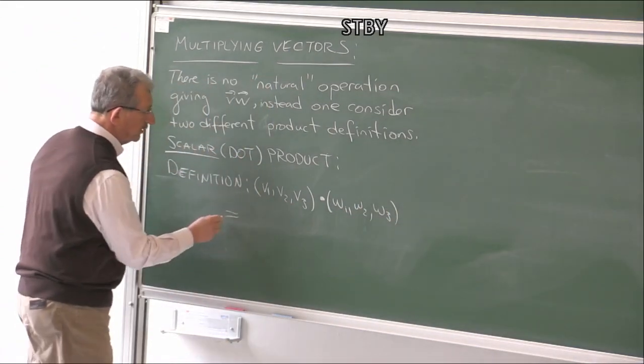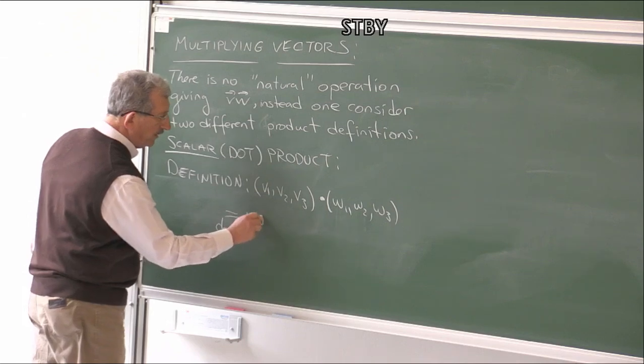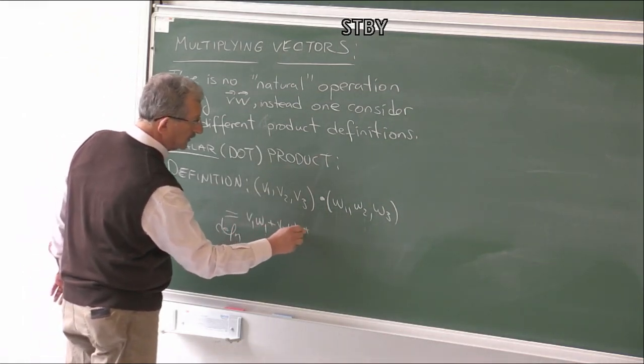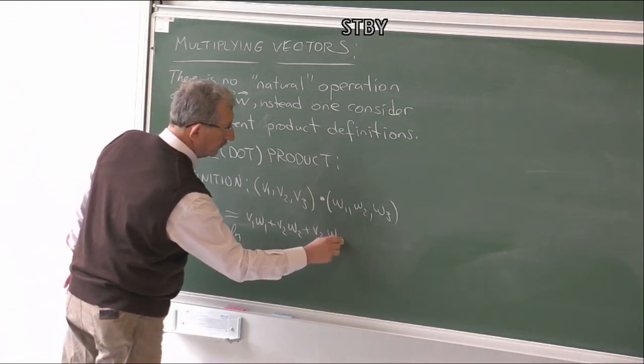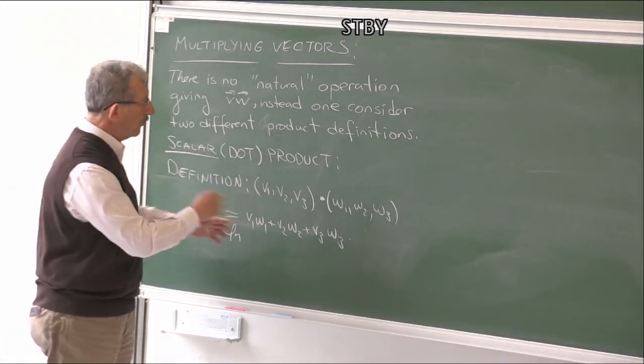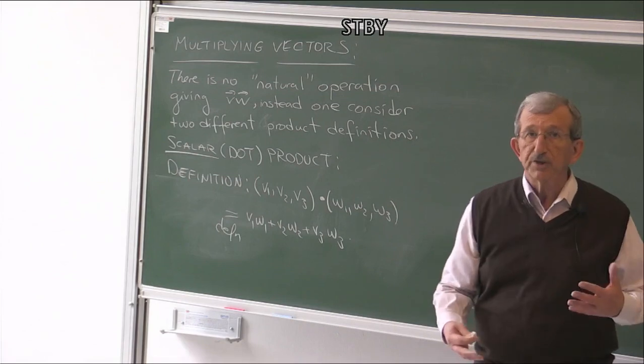That is defined to be the sum of the products of the corresponding components. So you take the corresponding components, multiply them, and of course, you get a scalar.